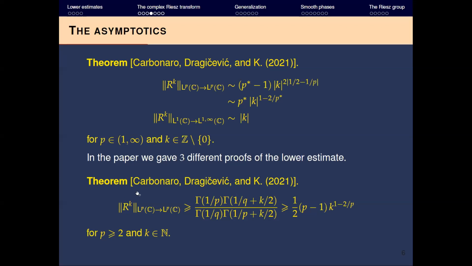But the other two proofs actually give a very concrete constant, right? So we actually are able to conjecture, we dare to conjecture what the exact norm could be. So this would be a sort of generalized Iwaniec's conjecture, because the original Iwaniec's conjecture is just for k equals 2, and then here you see just p star minus 1, or p minus 1 if p is greater than 2.